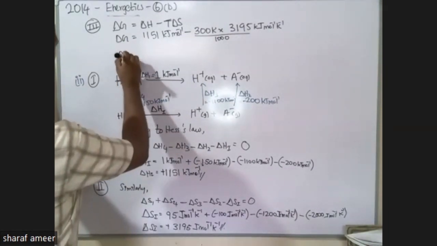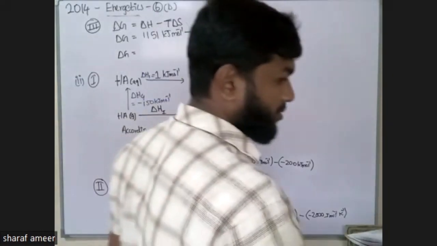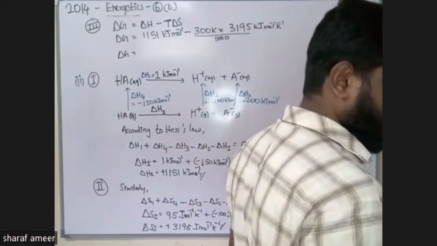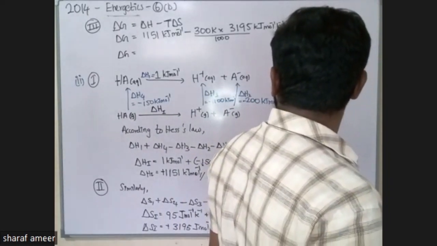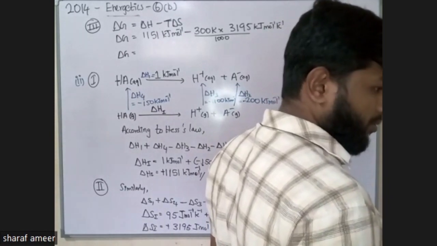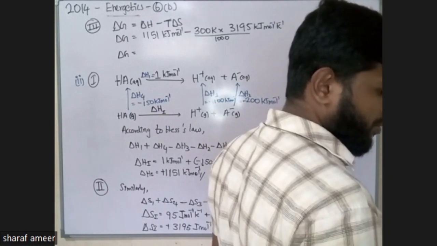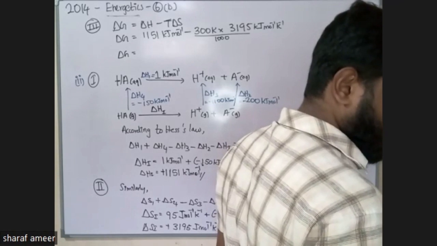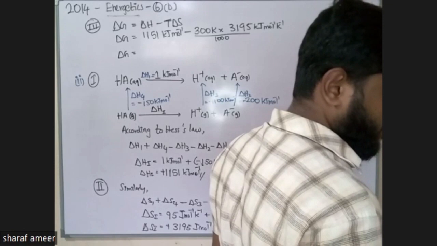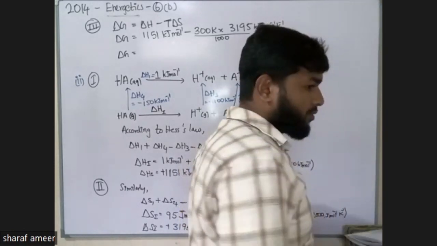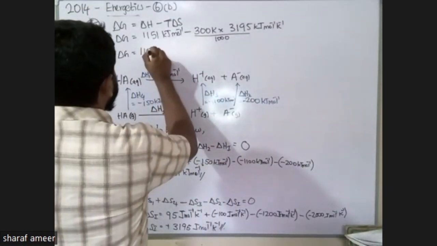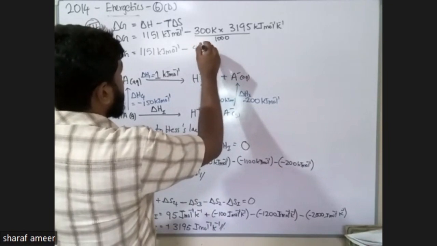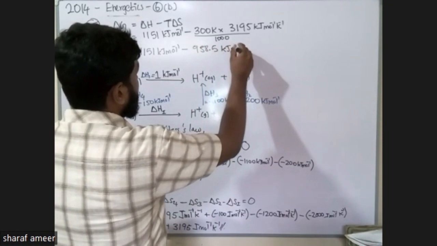So delta G is equal to, so 1151 kilojoule mole minus 1 minus 958.5 kilojoule mole minus 1.